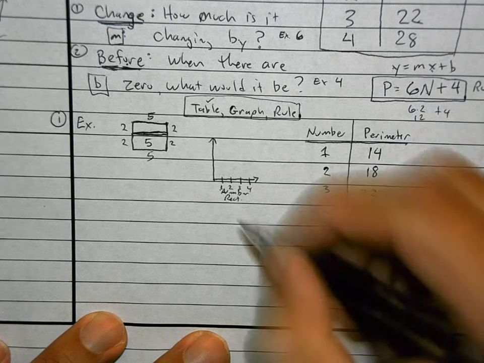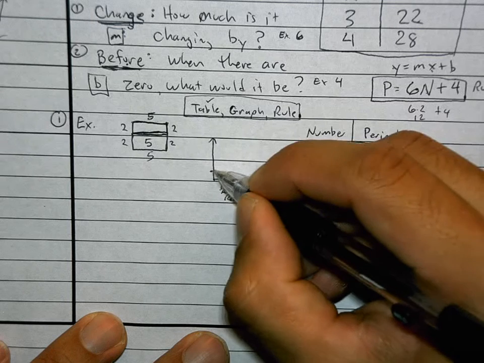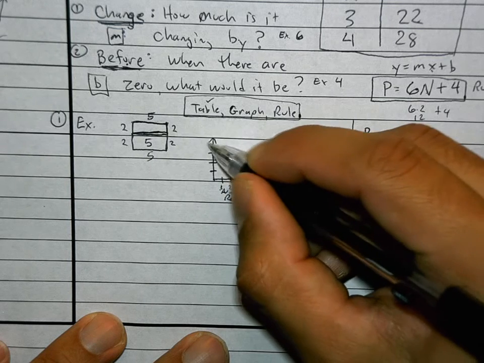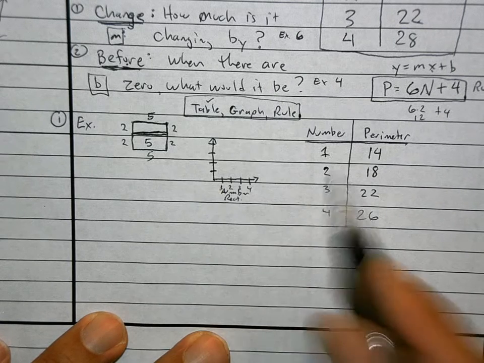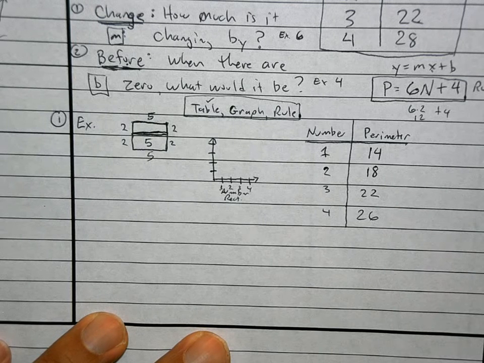If I have a little scale, 1, 2, 3, 4. I have 4 little lines right there. I hope you're not going to count by ones. Am I going to count by 1, 2, 3, 4? That doesn't make sense to me. I wouldn't count by that.